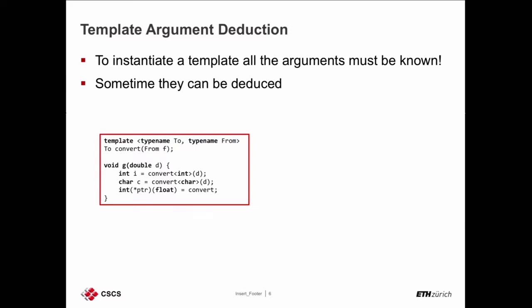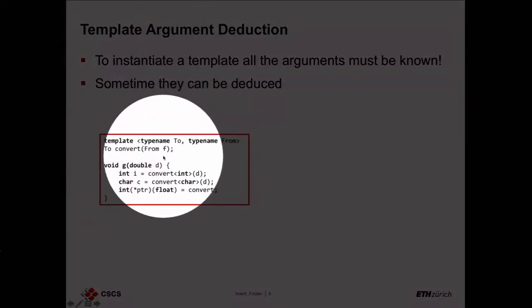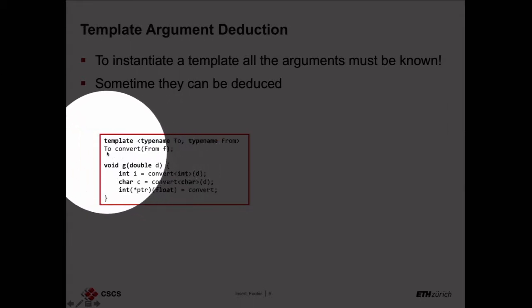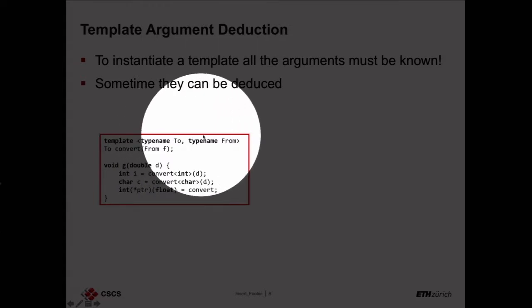So how does template argument deduction work? Suppose I want a function that converts any type to any other type. I want to pass the type I want to start with, and I want to get the type out. So I can say I want a function convert that takes a from type and converts to a to type. Now I can say template to and from.